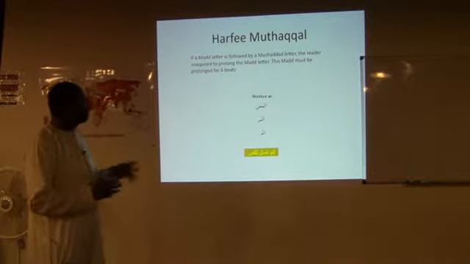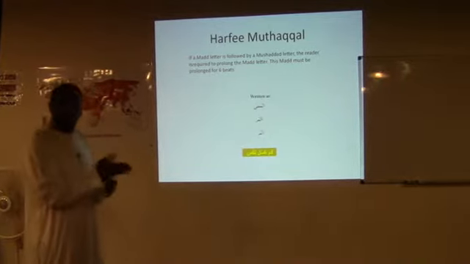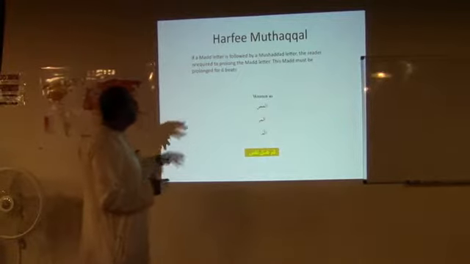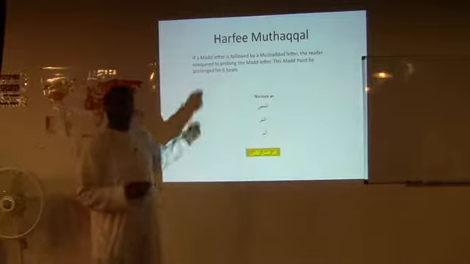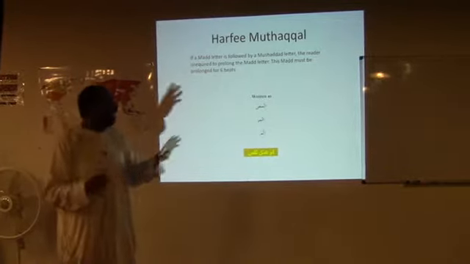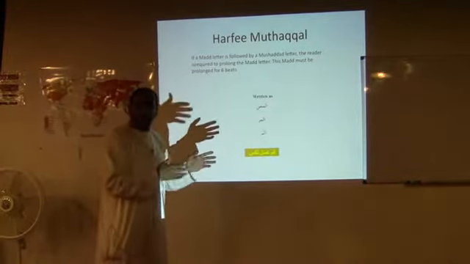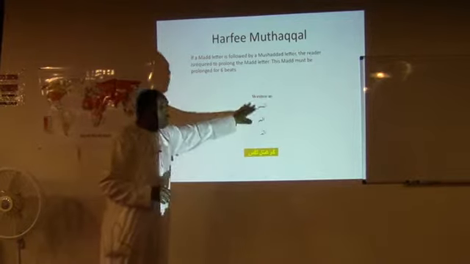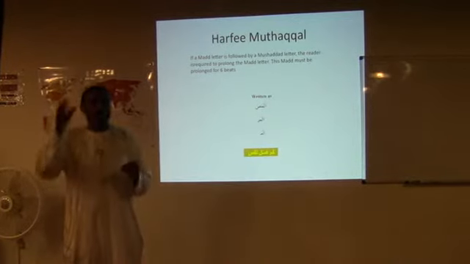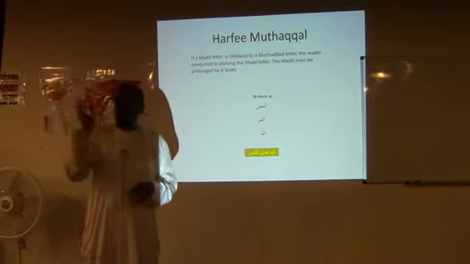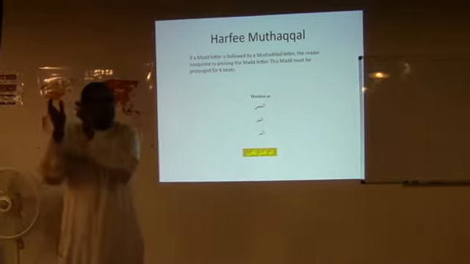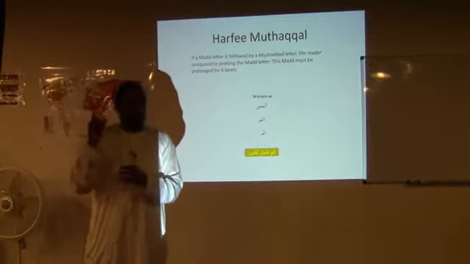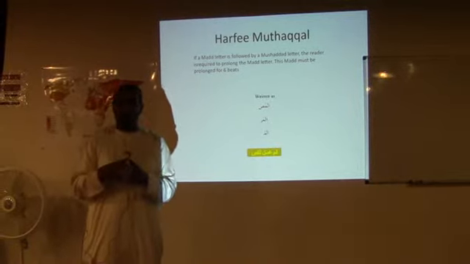It says here, if a mad letter, one of the nuhiha, is followed by a letter that is mushaddad. Now, why is this called harfi? Why is it called letter based? Because it's going to apply only to those letters that start the surahs of the Quran. So alif, lam, mim, ha, mim, ta-ha, ya-sin are those disjointed letters that we talked about a couple of weeks ago.